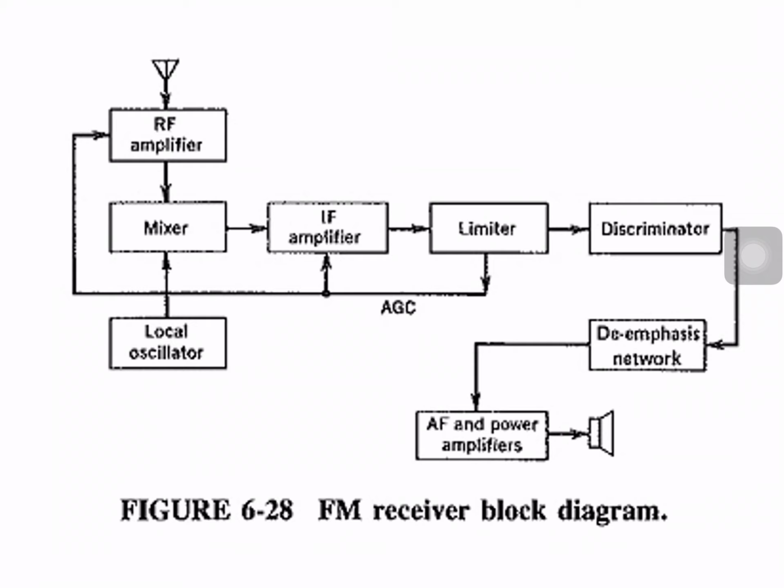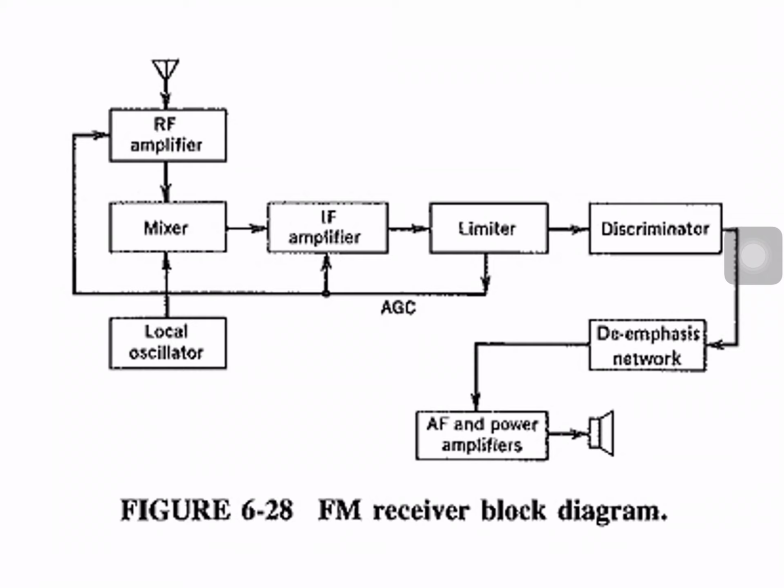So the main purpose of the RF amplifier is to reduce the noise figure, which could otherwise be a problem. Why? Because FM always needs large bandwidth, so the noise is also very high.